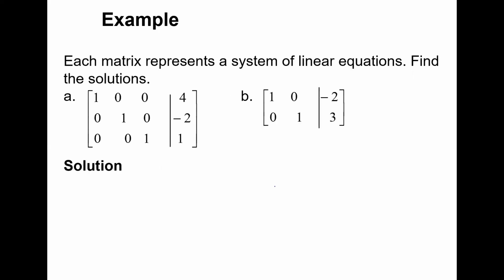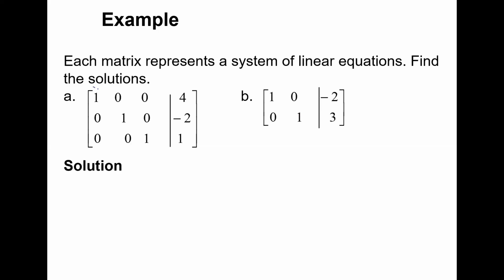Okay, so looking at this, these both are systems of equations again, and we want to find the solution. Well, this is in reduced row echelon form. So we just have 1 down the main diagonal and zeros everywhere else. And same thing here, 1 down the diagonal, zeros everywhere else.